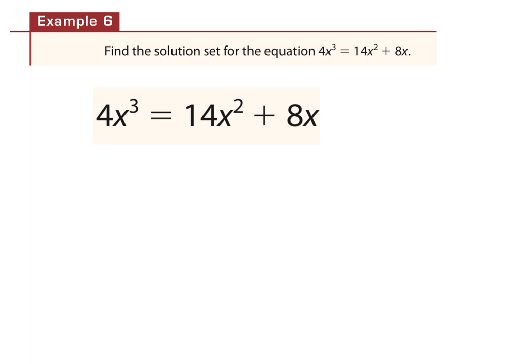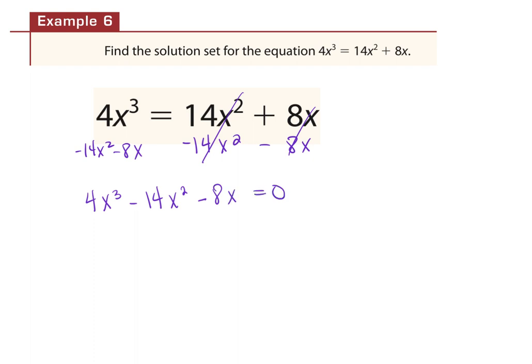I am going to subtract the 14x squared over, and I'm going to subtract the 8x over. So both of these are going to come over here, and now I will have 0 over there. They're not like terms, so I'm going to say 4x cubed minus 14x squared minus 8x equals 0.